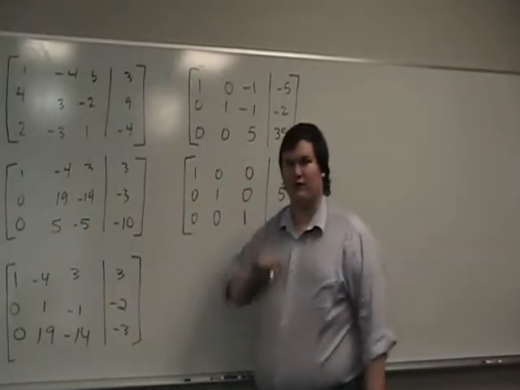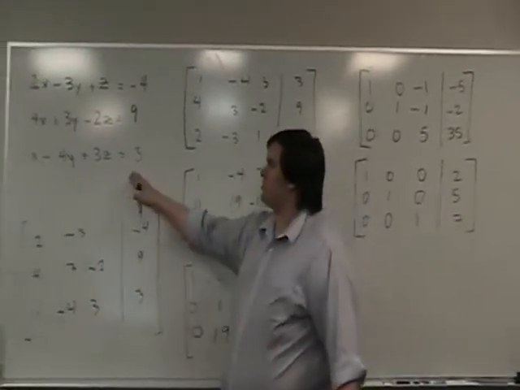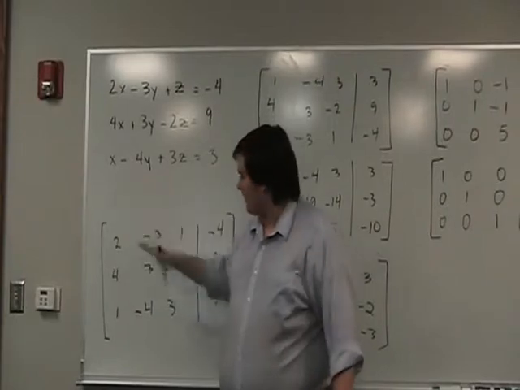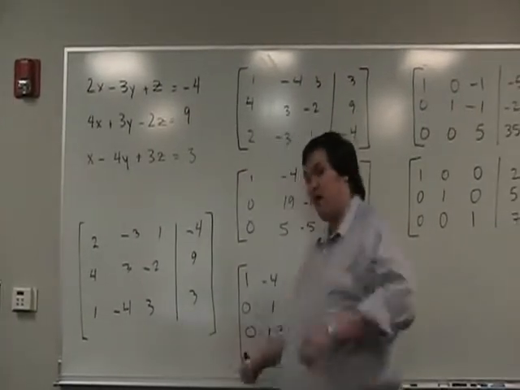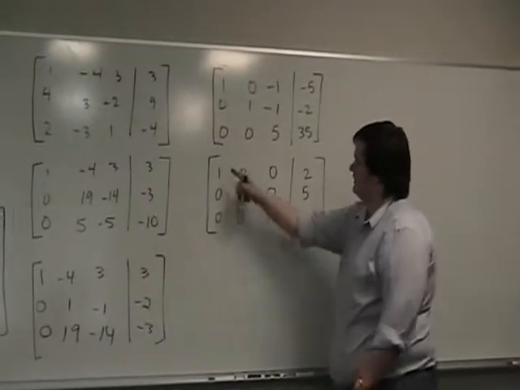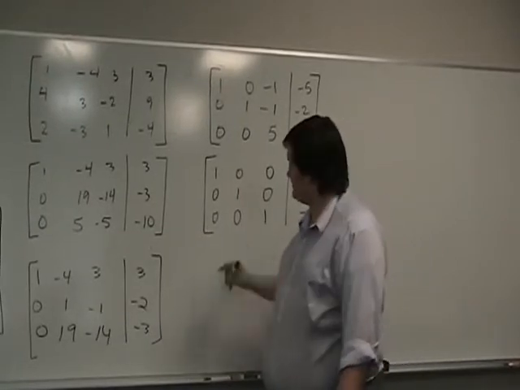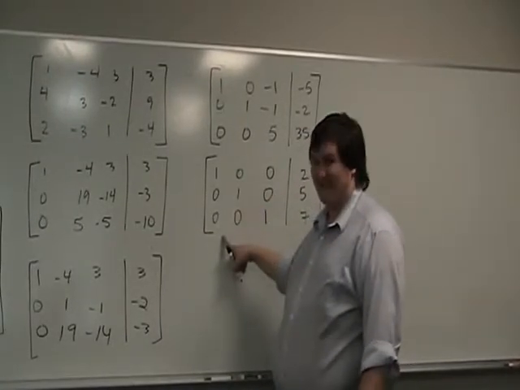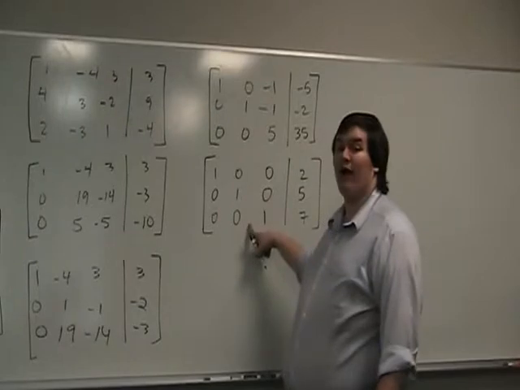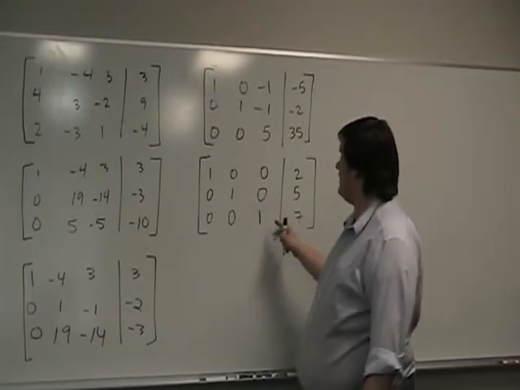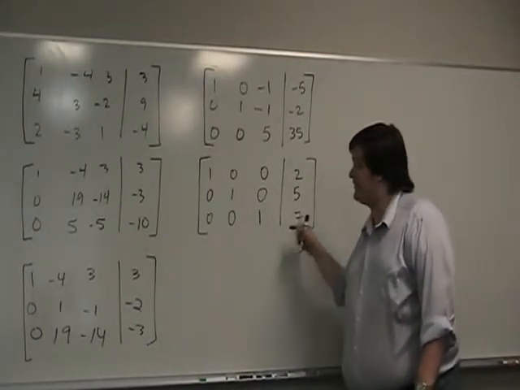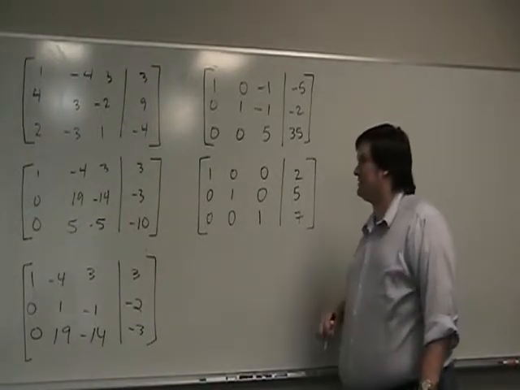Now when we created our first matrix over here, we took the coefficient of each of our variables and we plugged it into the matrix. What if we went backwards? Let's take this and turn them into coefficients. This first column would be x, second column would be y, third column would be z, remember our line is our equal sign, and this fourth column will be our answers.